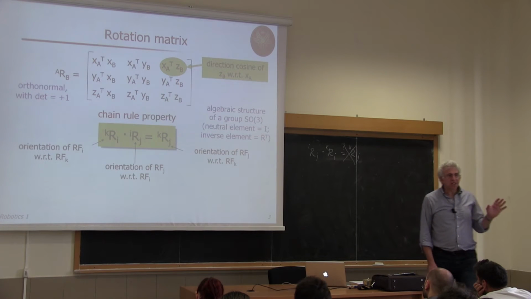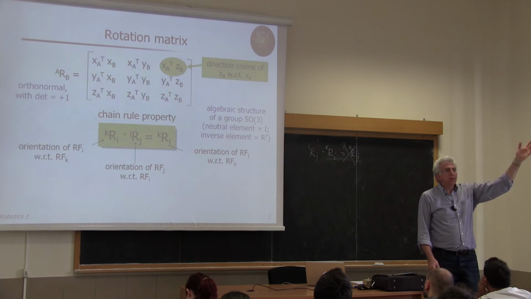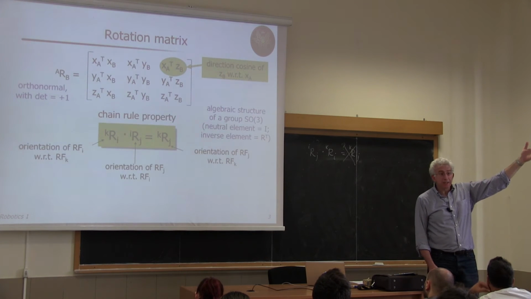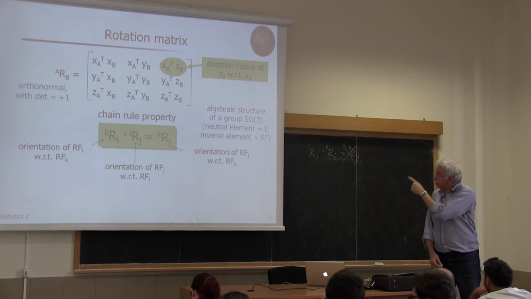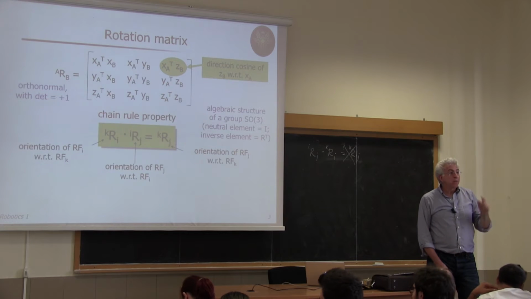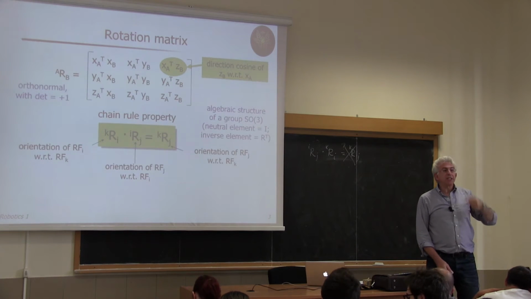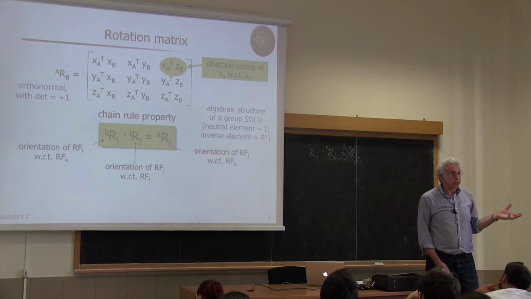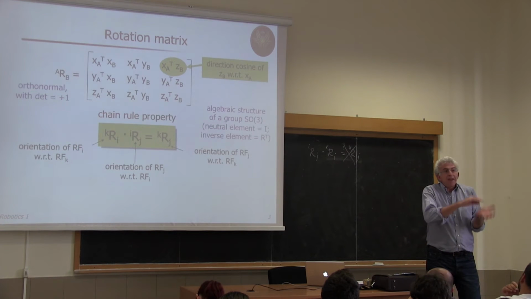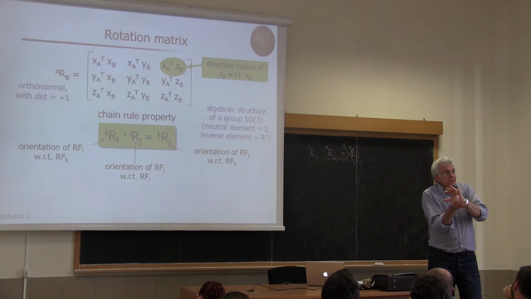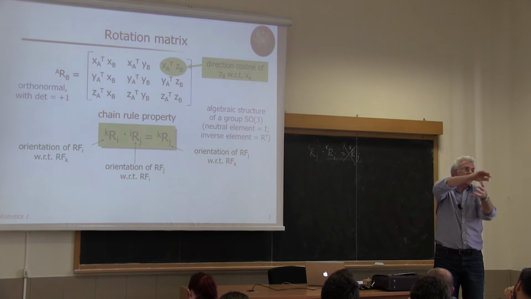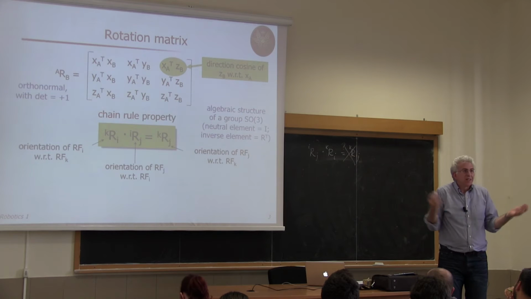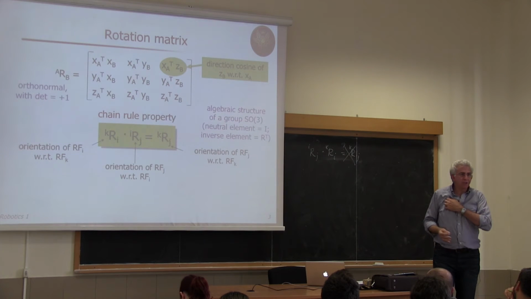It's a concatenation of two rotation matrices. It represents an orientation, because the result, because of the structure of a group, is again a rotation matrix. So again, it represents some orientation. But it's just, I've made some change of orientation, and then another change, and this is the final result. But what it is, I don't know. Okay?